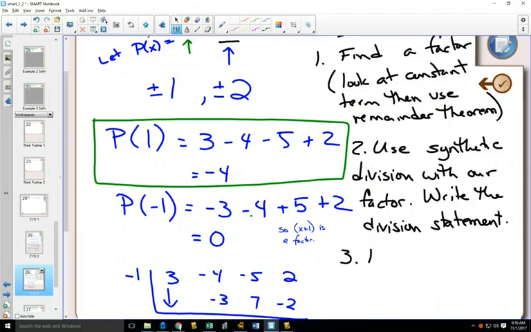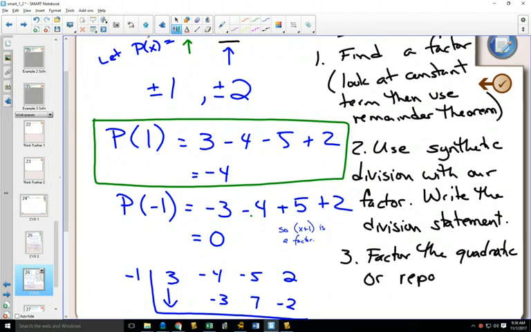And finally, if you get a quadratic, factor that quadratic. Sometimes you're going to start with an x to the 4. Then you would get an x cubed, which you can't factor.